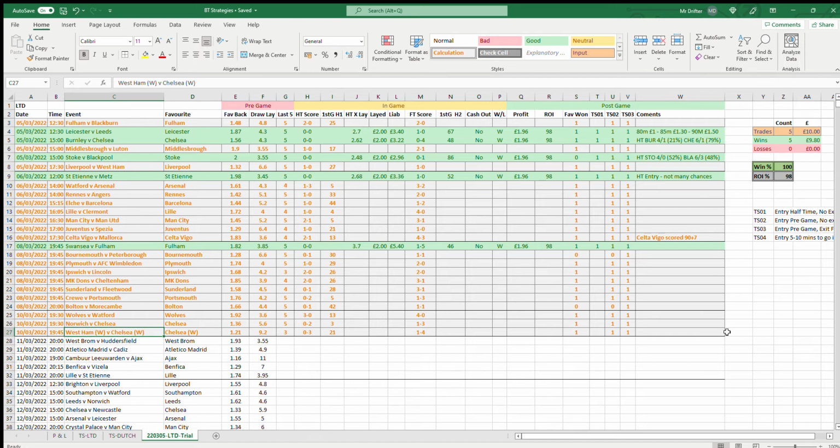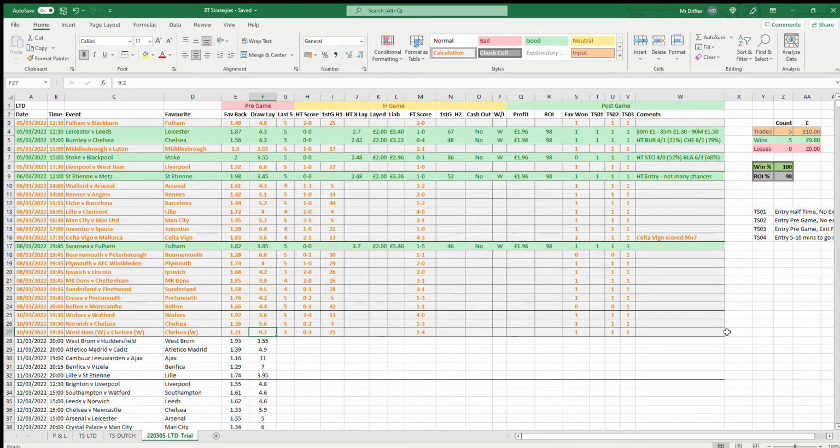Chelsea women against West Ham women, laying the draw before the start of the game was 9.2. What that means is if we put a £2 lay bet on before the game, our liability is £18.40 minus a £2 stake, so that's £16.40 liability.